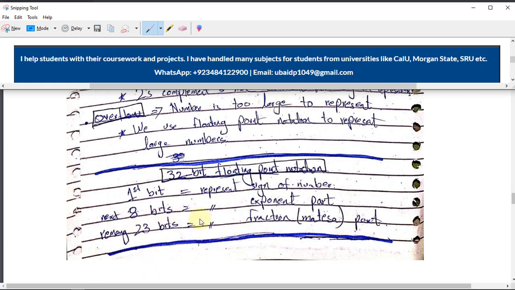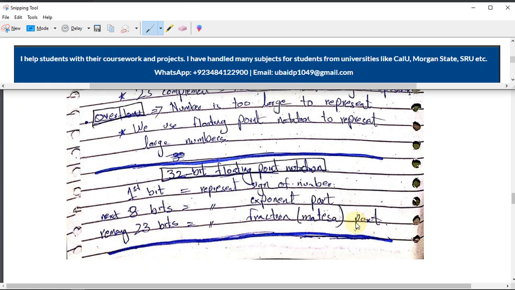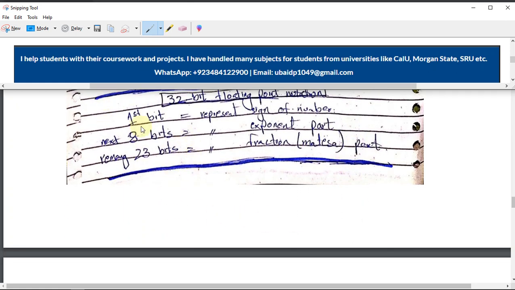Then the next 8 bits represent the exponent part, like 10 raised to the power of something, so that part will be dealt with here, and 8 bits are reserved for that, so you can assume quite a big exponent can be dealt with, right? Then the remaining 23 bits represent the fraction part, the mantissa, you can always say that. Okay, so that's how the 32 bits complete here, right?